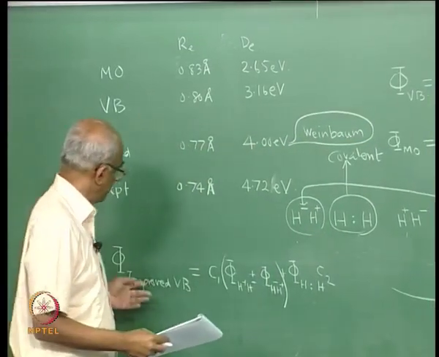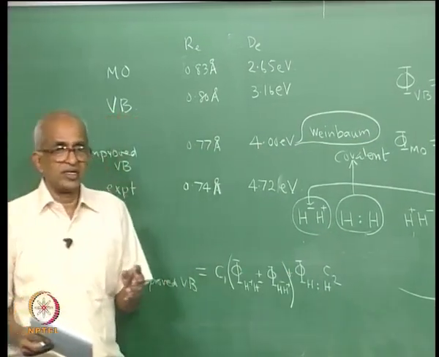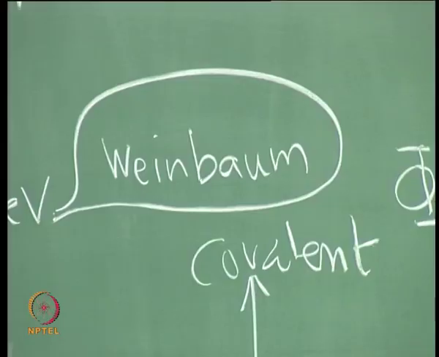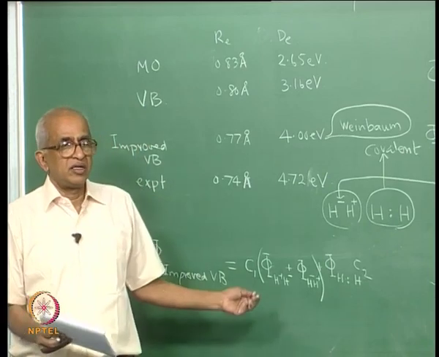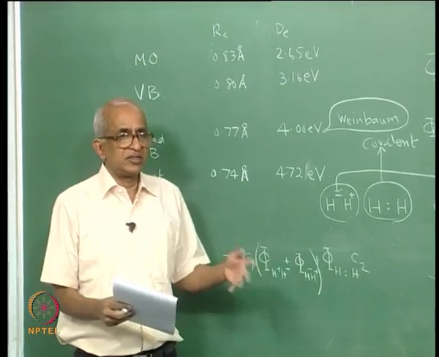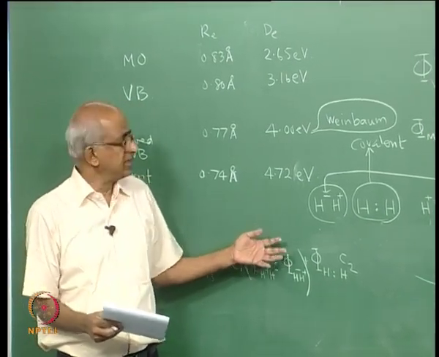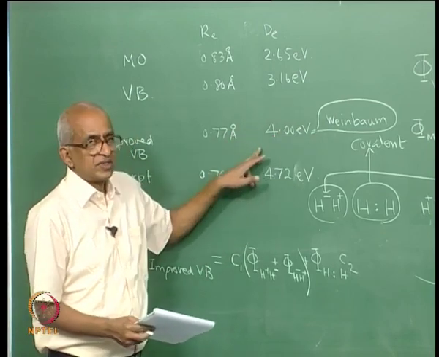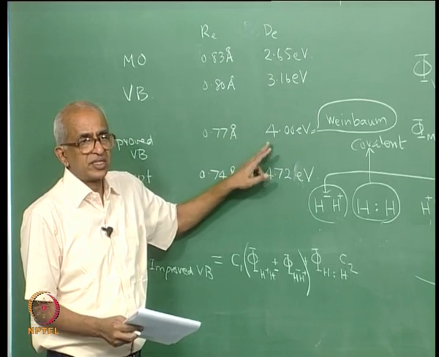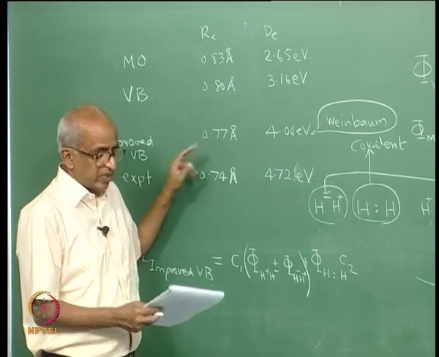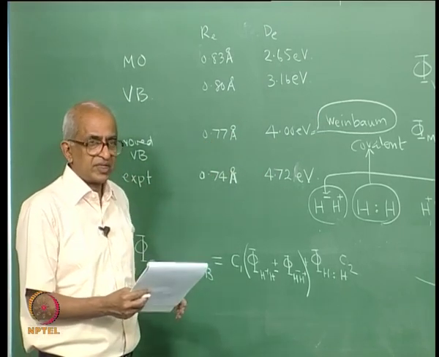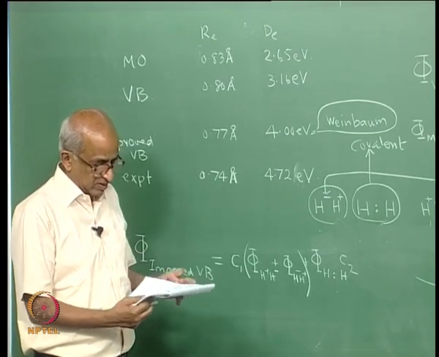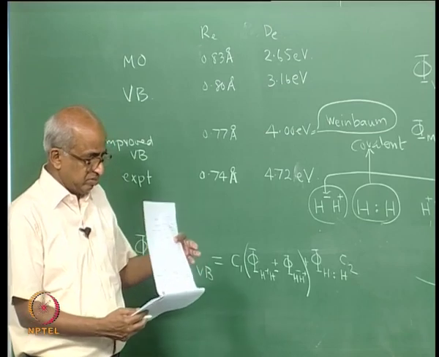And in addition to taking this as the function, what he did was he introduced this idea of effective nuclear charge, and varied the nuclear charge in such a fashion that he got the best energy, and you can see that the answer that he got for the energy was fairly decent. The dissociation energy was 4, and the bond length was found to be 0.77 angstroms. Okay.